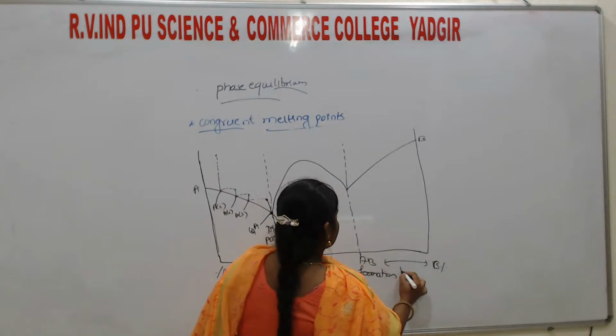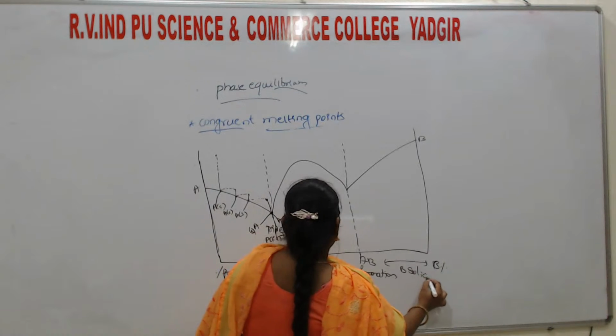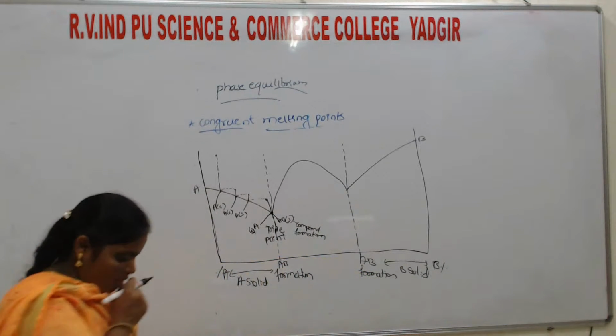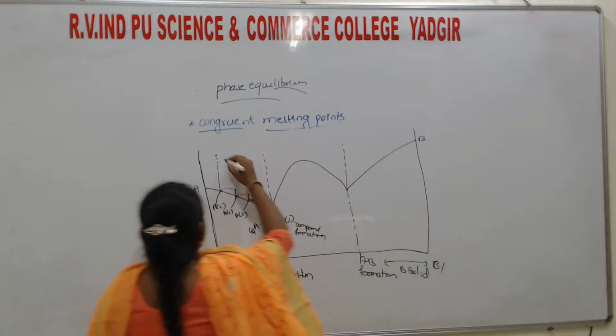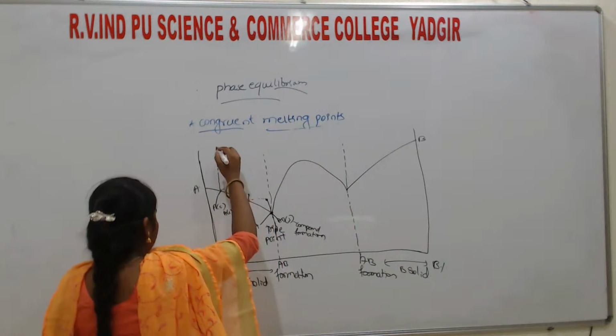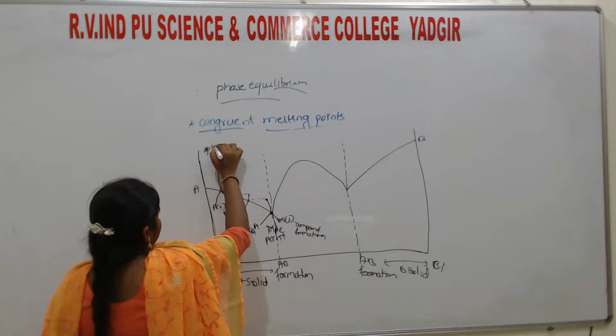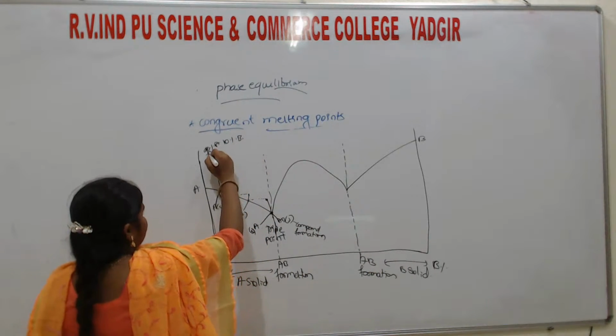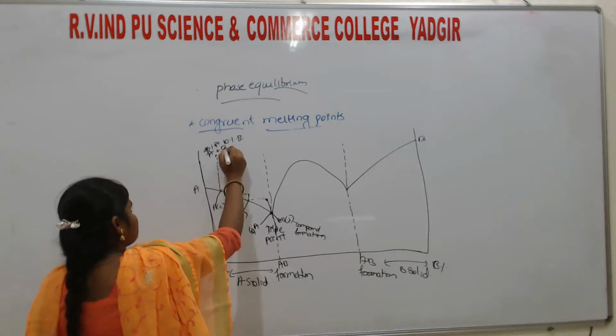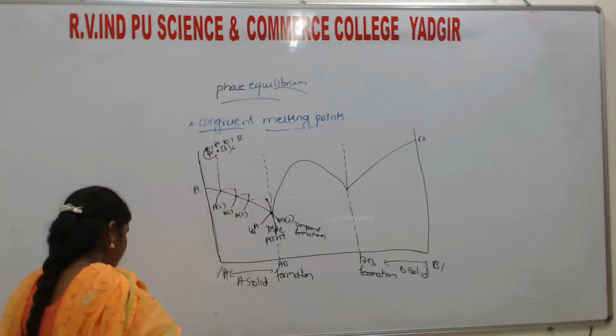Up to here B is solid. And this point is 90% A, 10% B. This is the eutectic step.